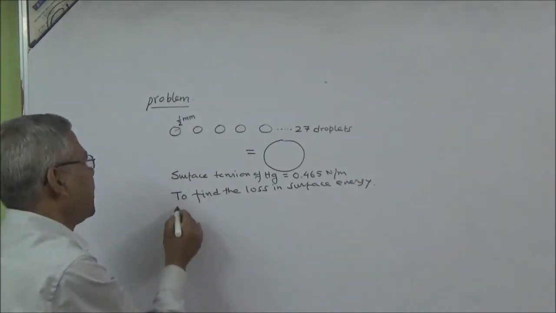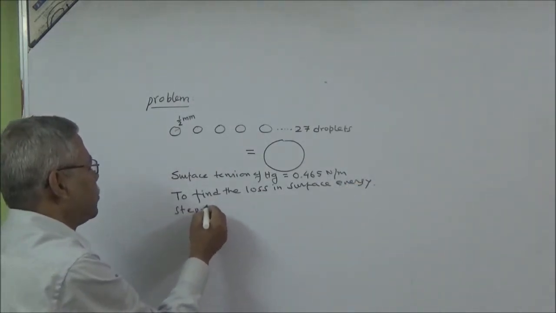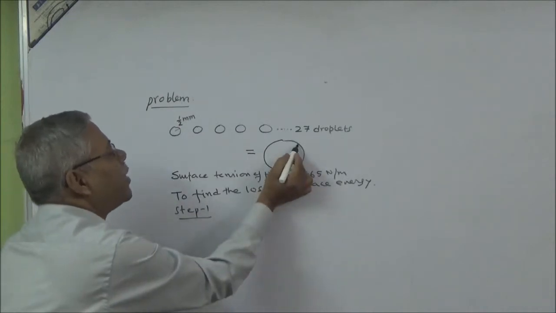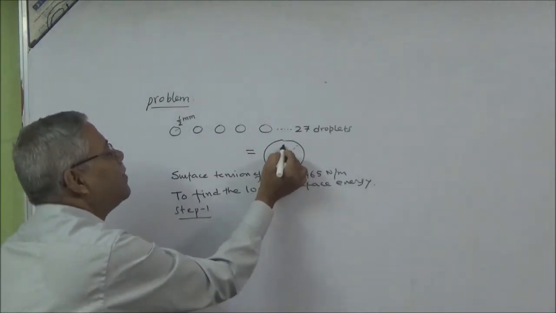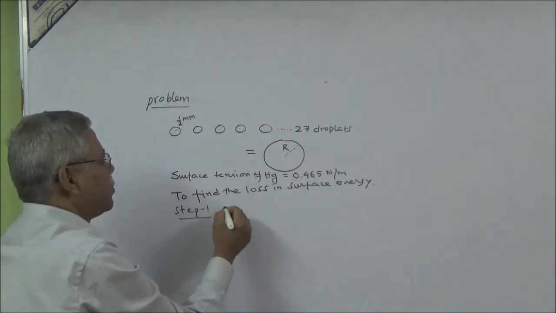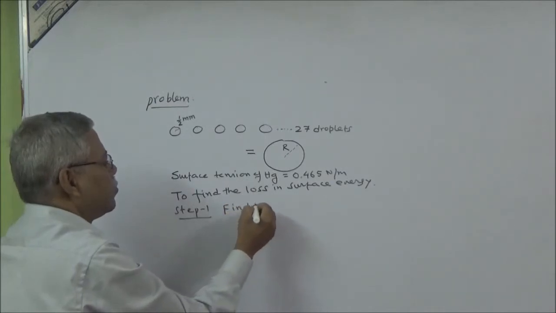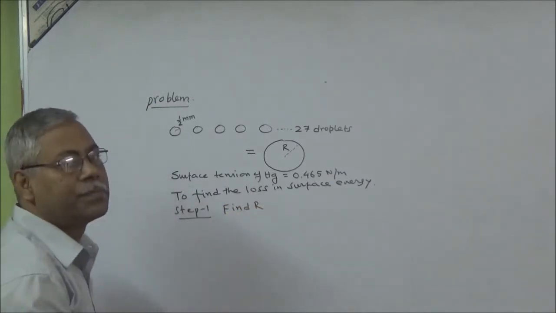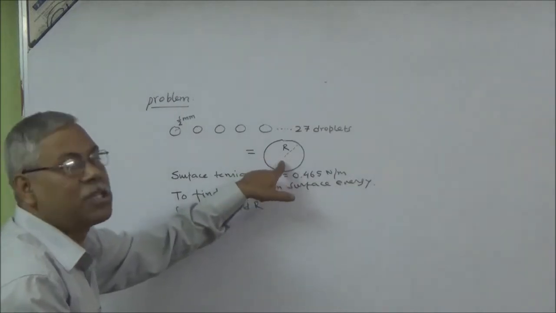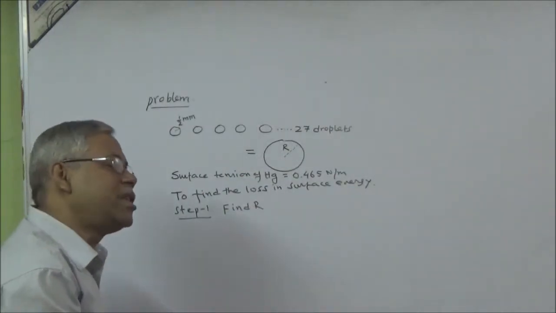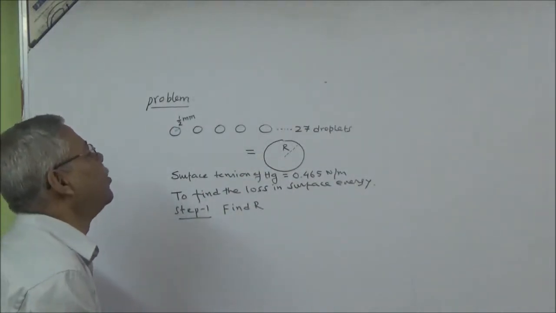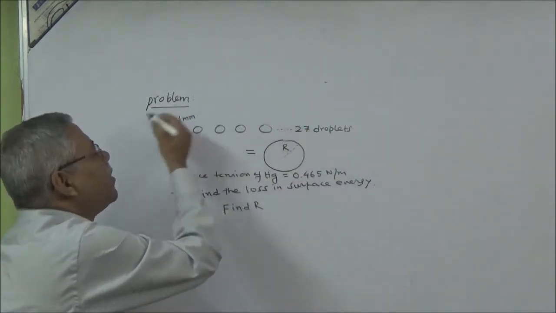What is the first step? Calculate the radius of the bigger one. How will you get the radius of the bigger one? Constancy of volume. Apply constancy of volume. Total volume of these 27 droplets.